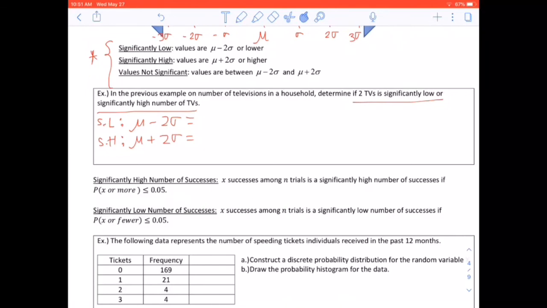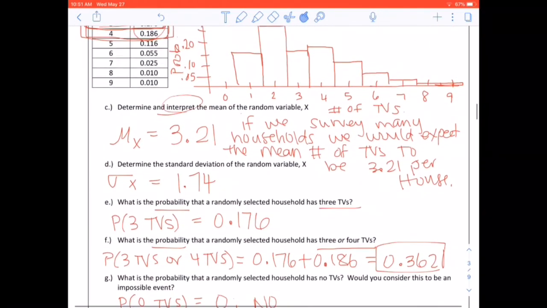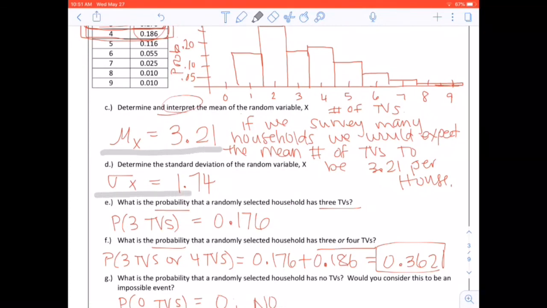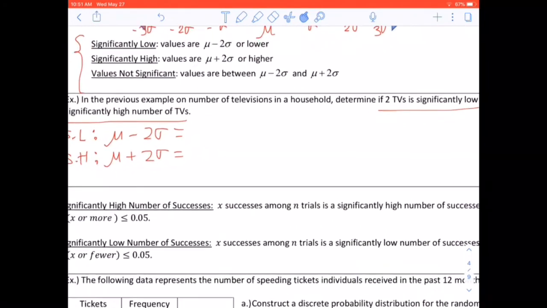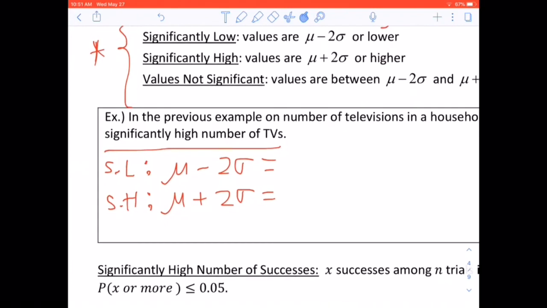Going back to that previous example, we calculated our mean and our standard deviation, so I'm going to use those numbers. Substituting those into my cutoff equations, I'm going to end up with 3.21 minus 2 times 1.74, and then 3.21 plus 2 times 1.74.